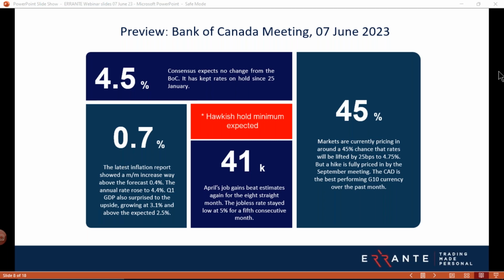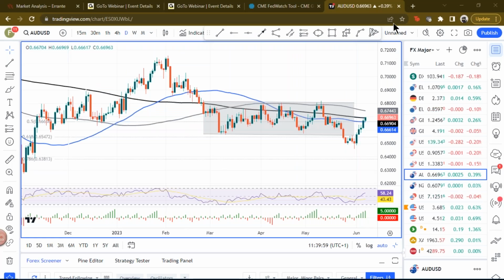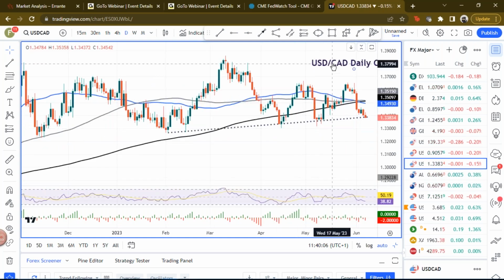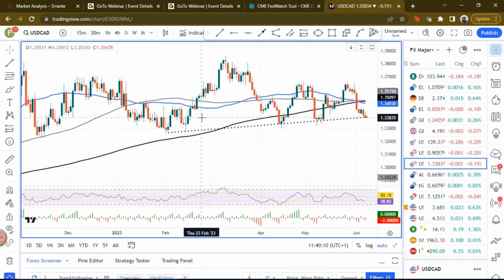If we just look at the dollar versus the CAD, one final chart before we leave you. So bear with me one second. I'll just pull up dollar CAD, which is here. So we can see the Canadian dollar's actually been the second best performer, I think, G10 performer anyway, over the last 30 days, aside from the dollar.